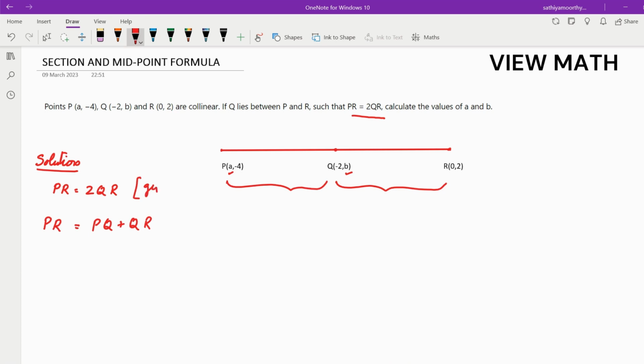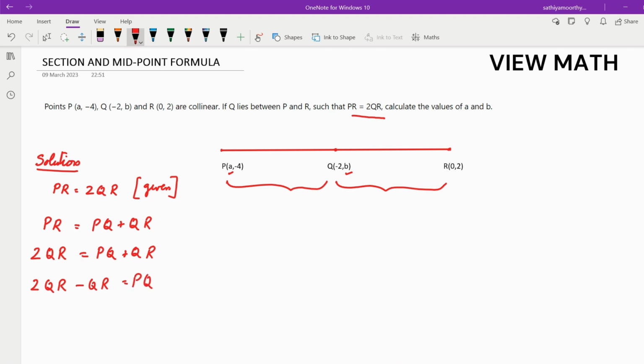Now this is a given condition they have given. So I'm going to apply the given condition here. So PR I can write as 2 times QR. I'm writing PQ as it is and QR as it is. Now I'm going to bring this QR to the other side. So 2 times QR minus QR is equal to PQ.